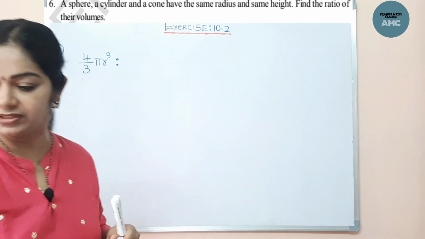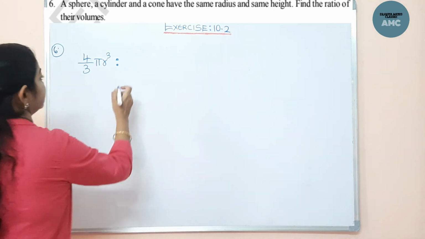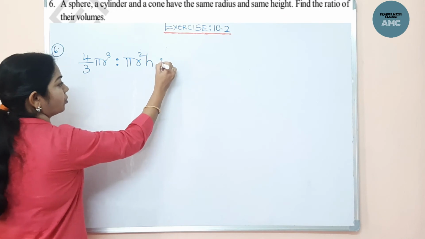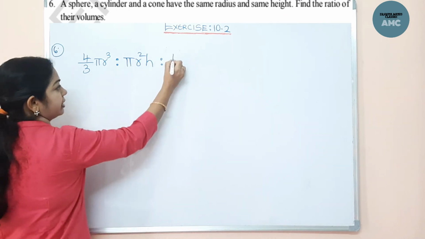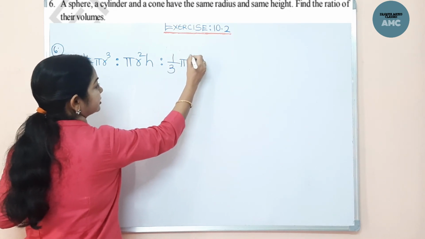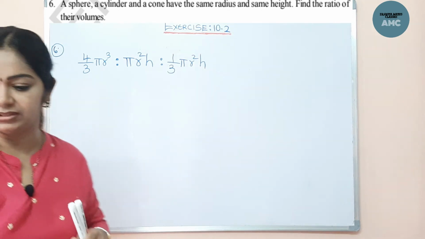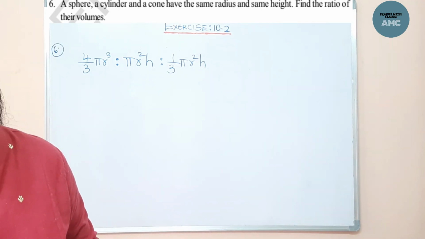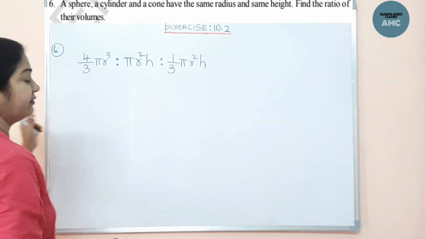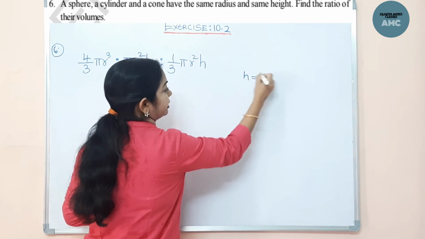Now the next one given after the sphere is the cylinder. The cylinder volume is πr²h, and the volume of the cone is 1 by 3 the volume of the cylinder, 1/3 πr²h. All these three have the same radius. Now the height h is also given as a hint: the height is 2 into the radius.